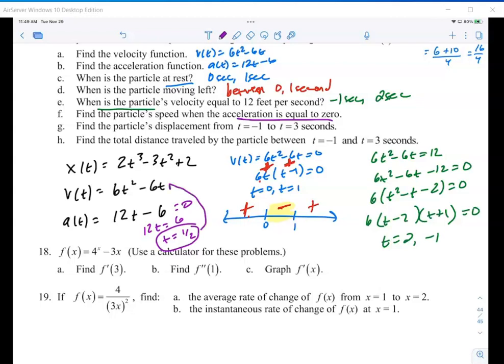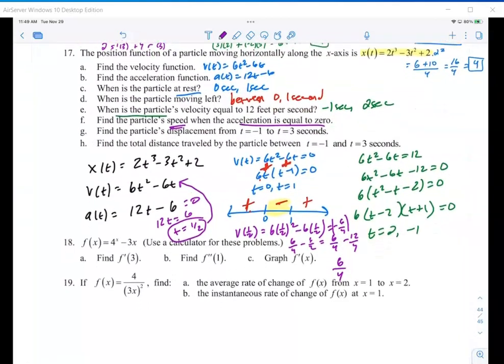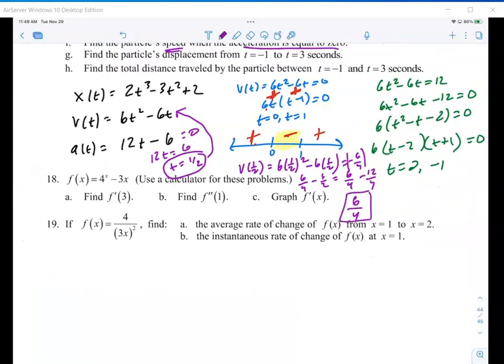Finding the speed would be plugging 1/2 into the velocity, which is 6 times a half squared minus 6 times a half. 1/2 squared is 1/4, so it's 6/4 minus 6/2, which is 6/4 minus 12/4, which is negative 6/4. But because it asks for speed, I need the absolute value of it, so it's 6/4. It doesn't give me units, but it's just 6/4.